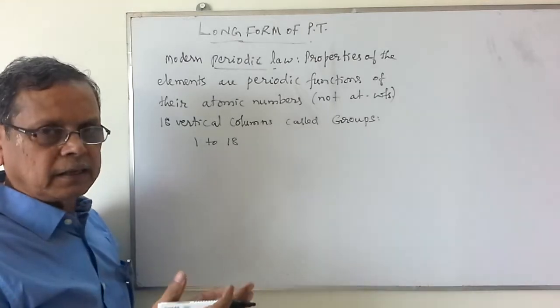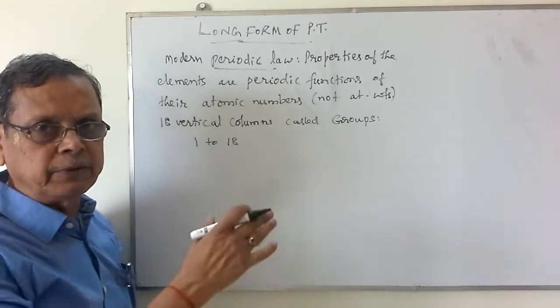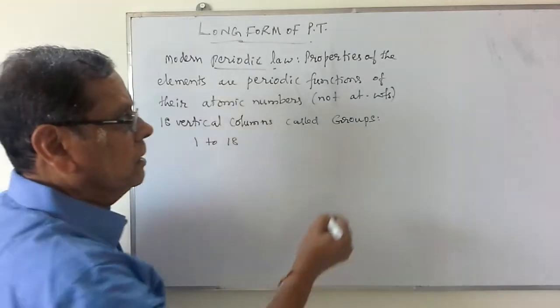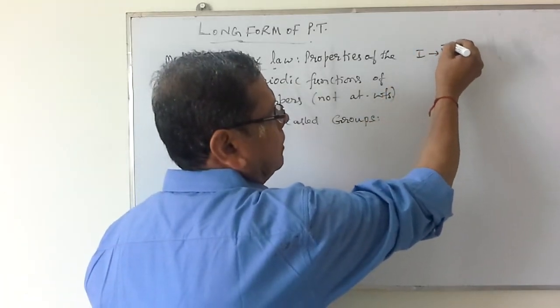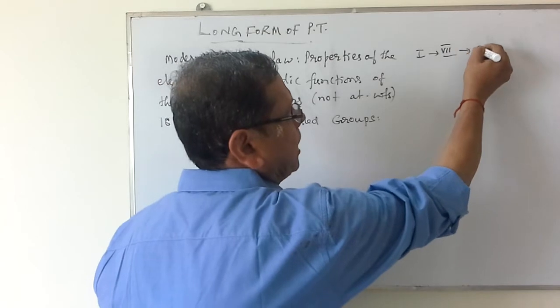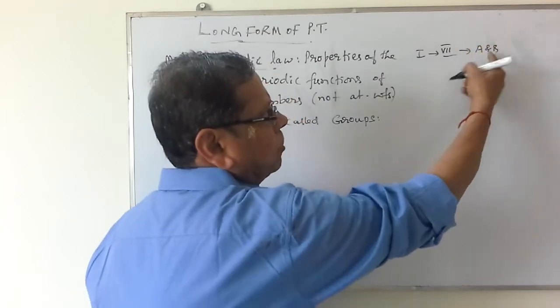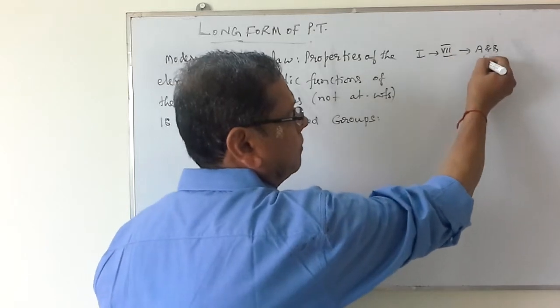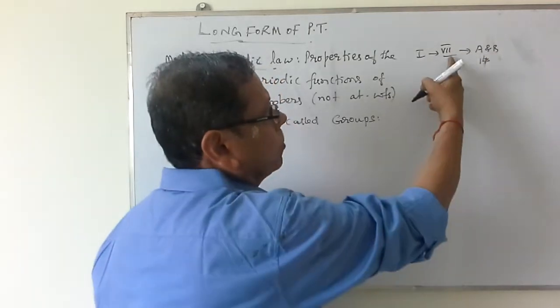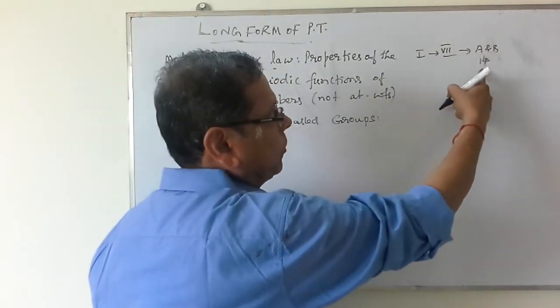Just remember, in comparison with Mendeleev's periodic table, there were first to 7th groups, each consisting of two groups A and B. Totally it is 14, 2 into 7, that is 14.